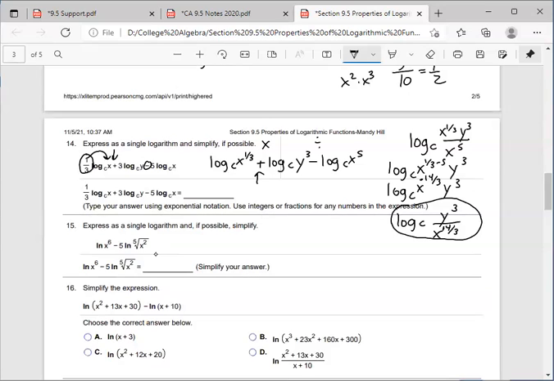Okay, I see a subtraction, which means that's going to be a division. They're both natural logs. This 5 probably needs to come back up here. So natural log of x to the 6, let's look at what that would look like first, minus, if I move that 5 back up.